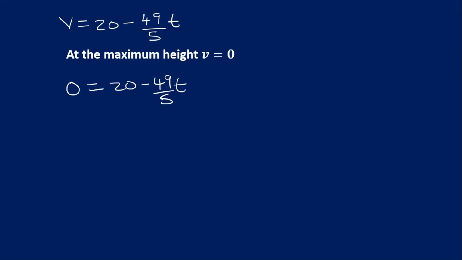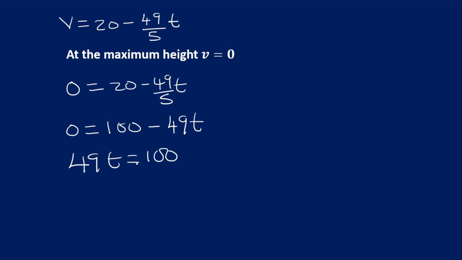And we can multiply through by the LCM, which is 5. So 0 times 5 is 0. 20 times 5 will give us 100. And 5 times 49 over 5, the 5 will cancel out and we have 49t. And now let's take 49t to this side of the equation. We have positive 49t equals 100.